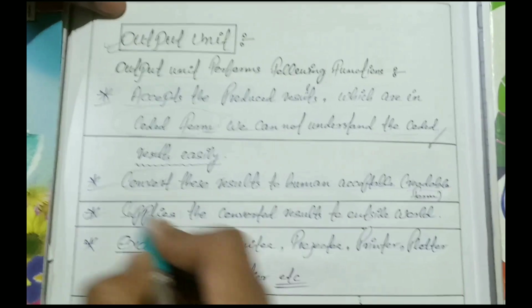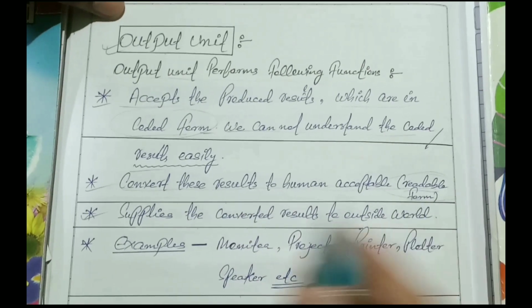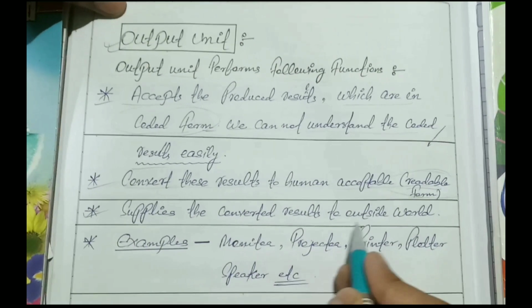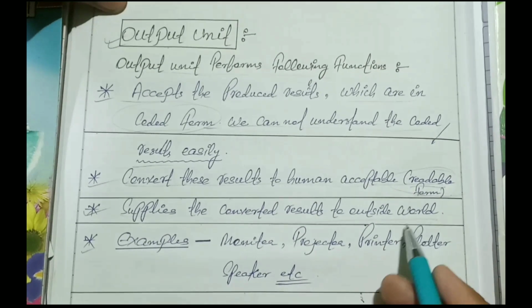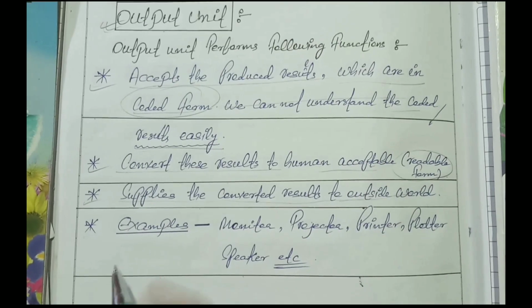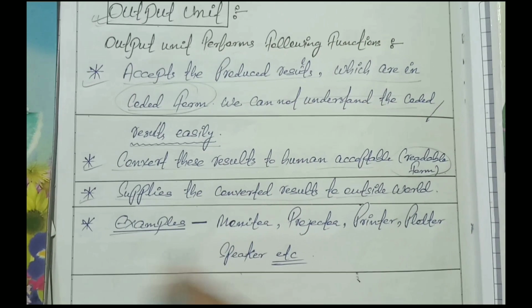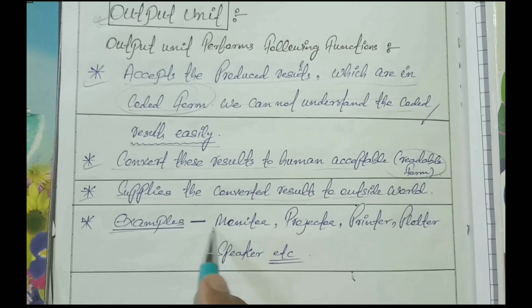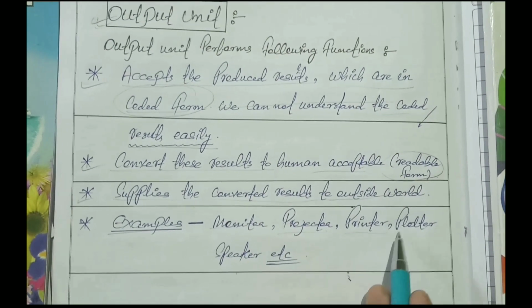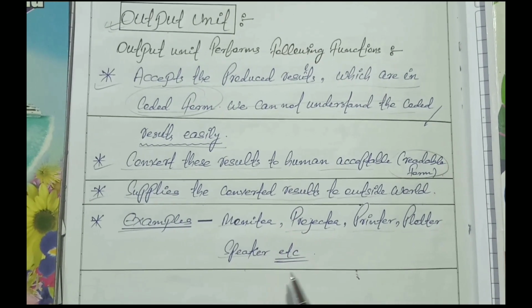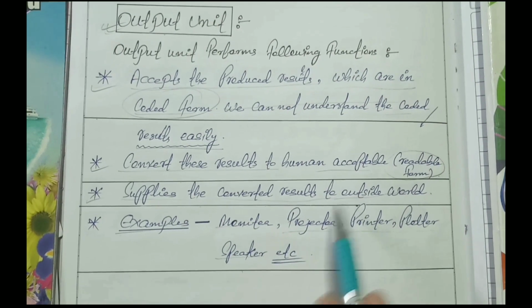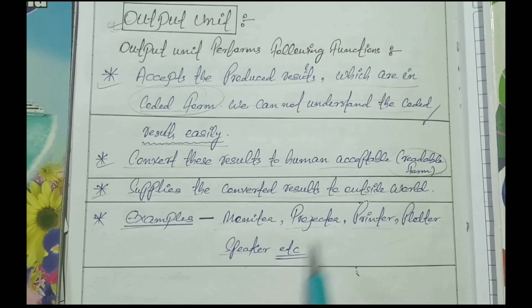Then it supplies the converted results to the outside world, and then we can easily understand. Examples of output units are monitor, projector, printer, plotter, speaker, etc. We already know about these terms: what is a monitor, projector, printer, speakers, plotter, etc.